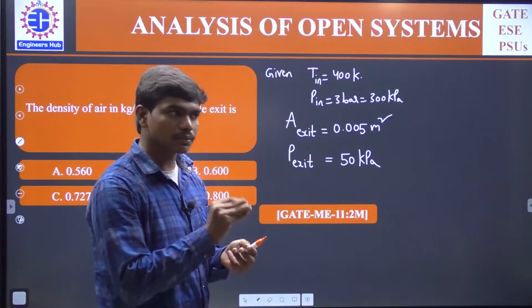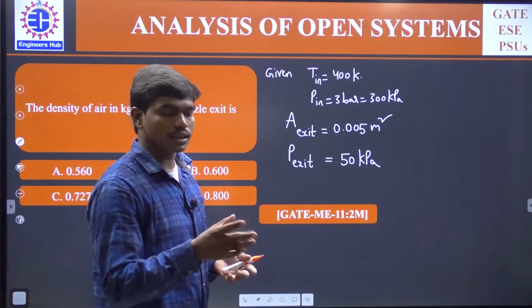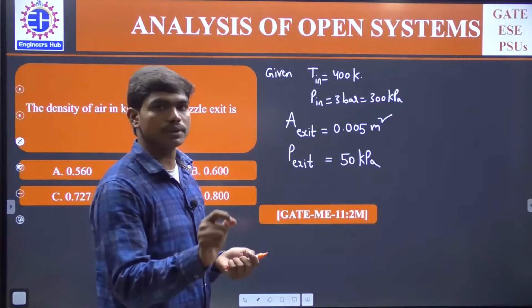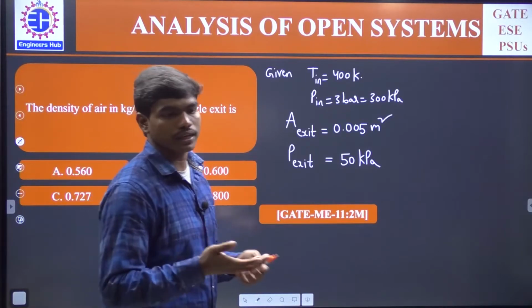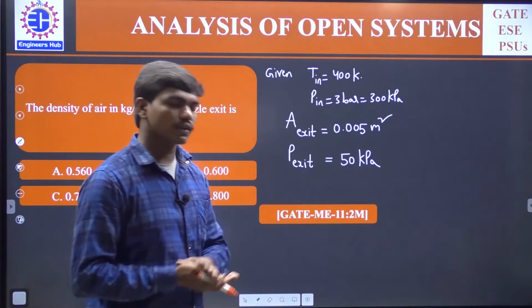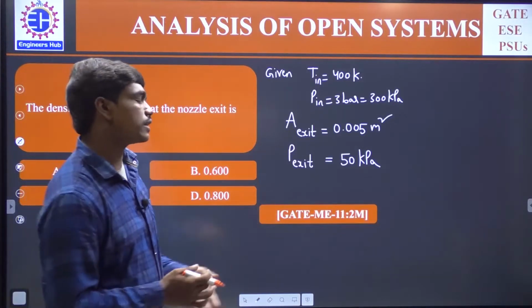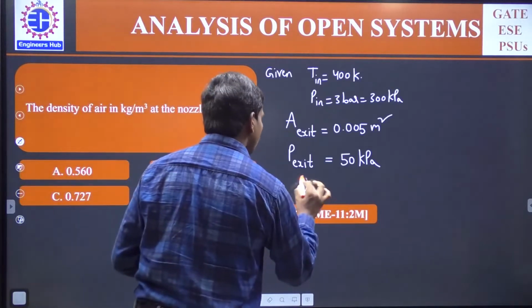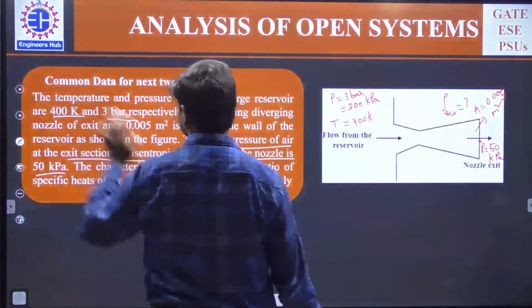Later in the course we see there is some property called entropy. Like internal energy is there for closed systems, entropy is also associated with any of the systems that we deal with. For reversible adiabatic flows this entropy remains constant, which we see in later stages. So Q dot is equal to 0. That's what we mean by the word isentropic.